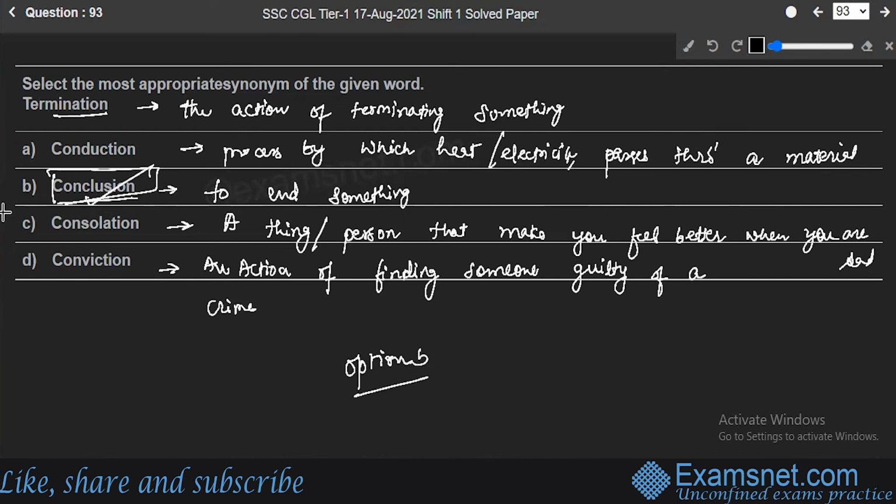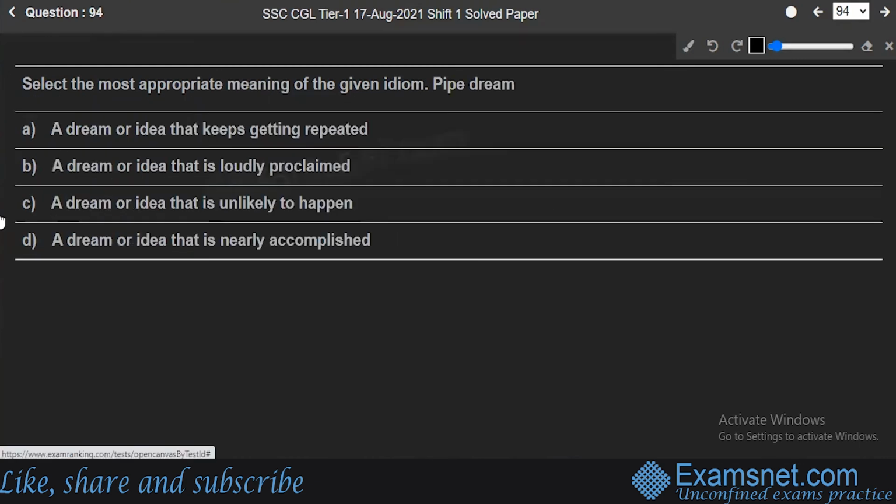Now let's move to the next question, number 94. You have to select the most appropriate meaning of the given idiom. It's pipe dream. And the options are a dream or idea that keeps getting repeated, a dream or idea that's loudly proclaimed, a dream or idea that's unlikely to happen, or a dream or idea that's nearly accomplished.